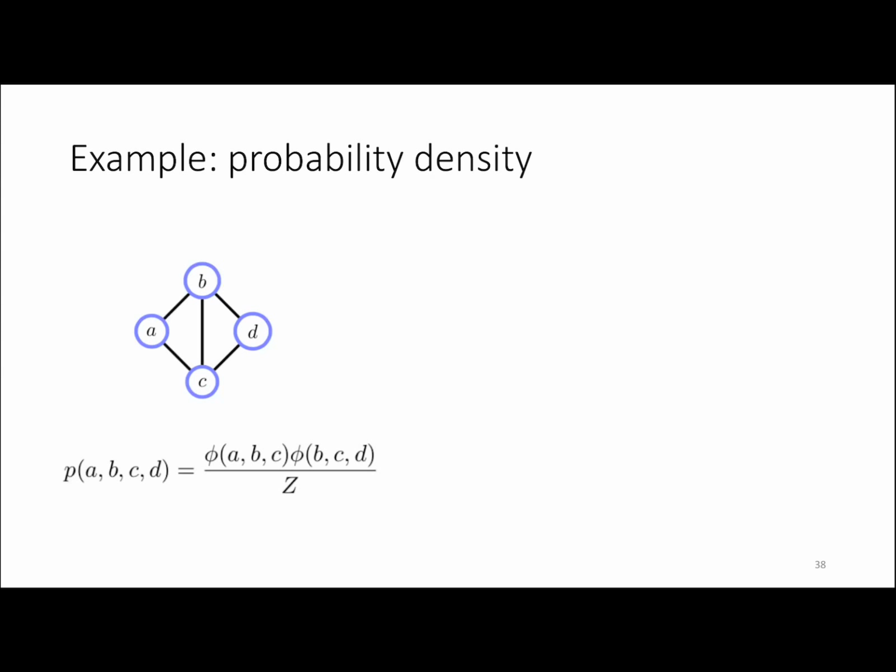So this is one clique, and this is another clique. Each of these cliques is the form of my joint probability distribution. You have two cliques multiplied by each other.